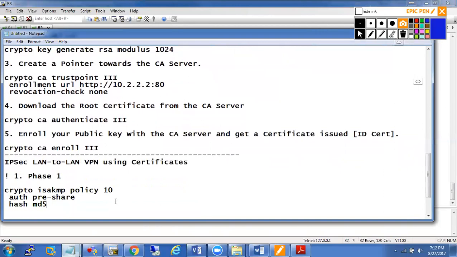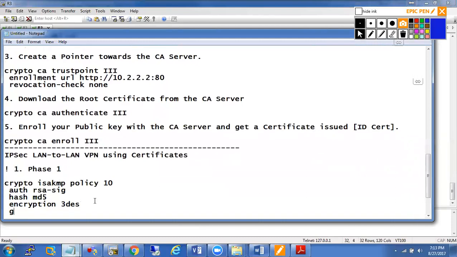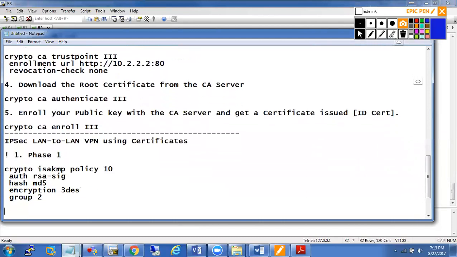Oh, sorry. Habit. RSA-SIG, hash is MD5, encryption is triple DES, and group is 2. What's the only difference that you guys saw over here?